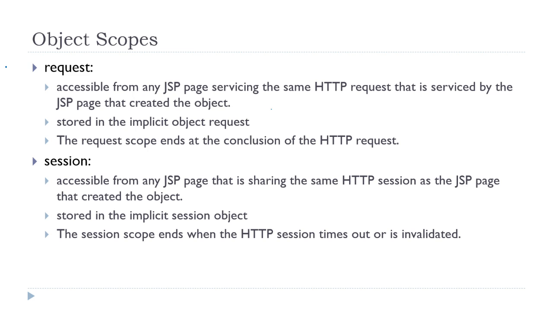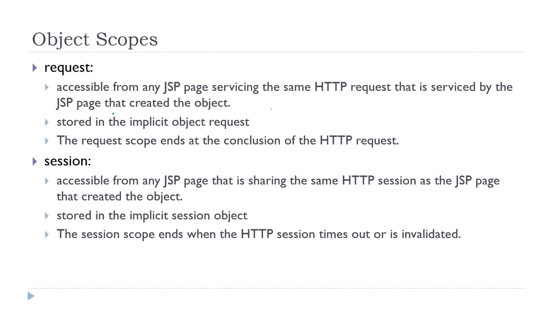One more point to remember is that even if this request has been forwarded or included somewhere, it will still remain valid, the same concept we have seen in servlets. Until the response has been sent, the request scope will remain valid, so it can remain valid across multiple JSP pages as well.